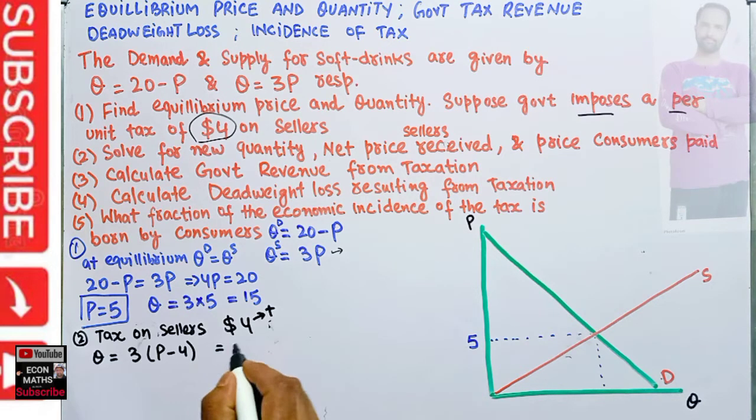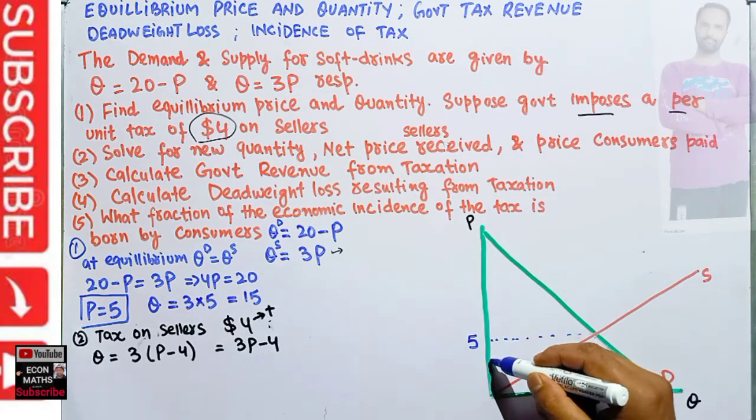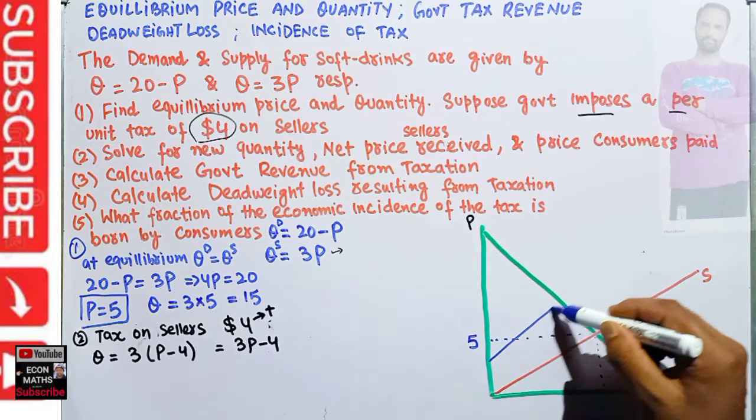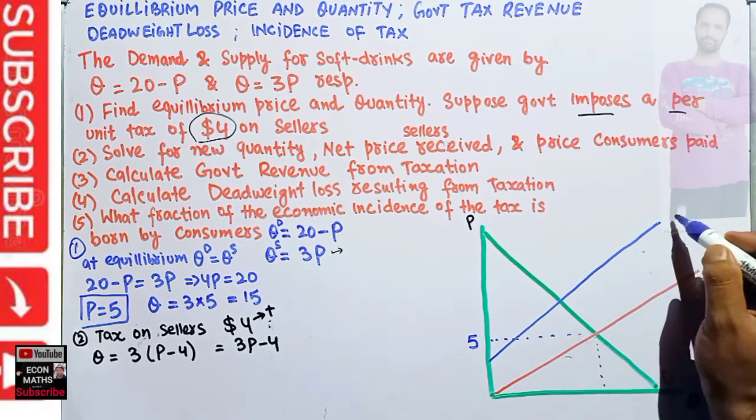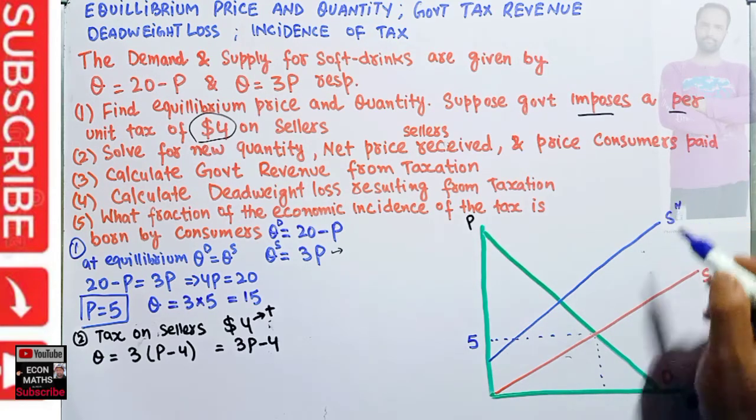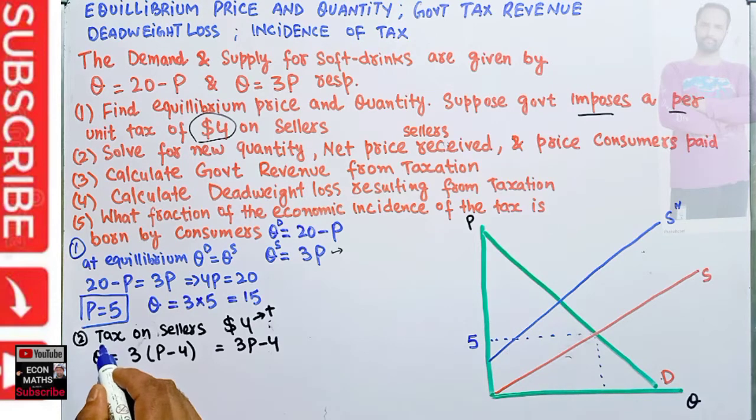So it comes out to be 3P minus 4. And by this, our supply function will shift towards the left. So our new supply function will look like this. Let me draw it here. So this will be our new supply function.